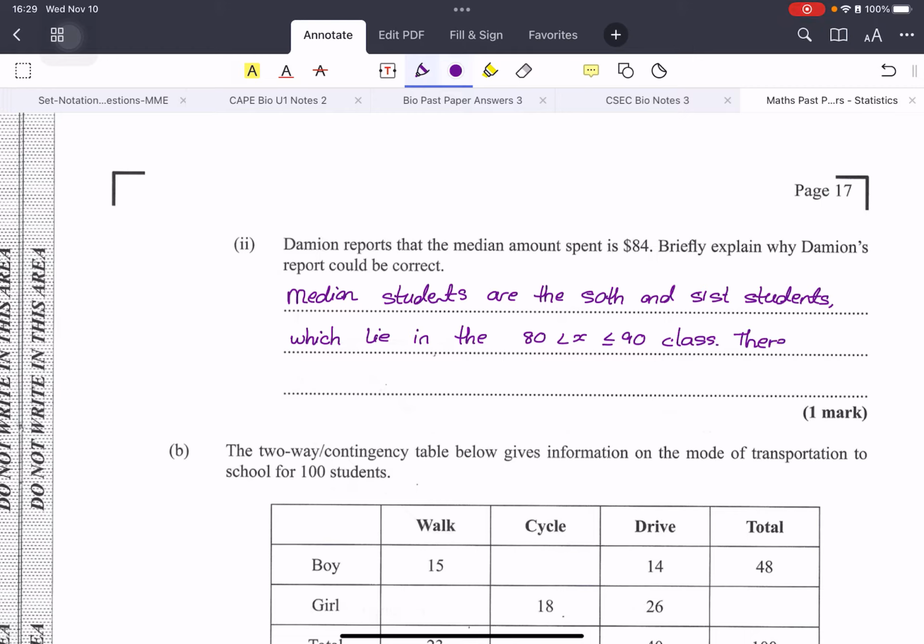Therefore, 84 can be correct. Okay, simple.